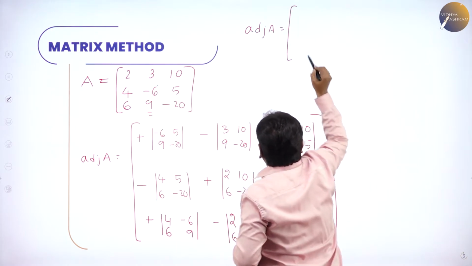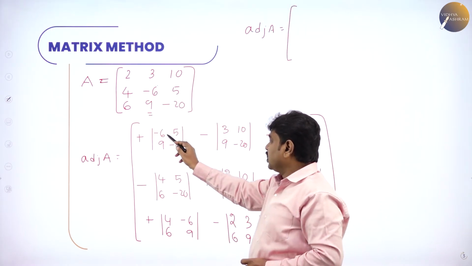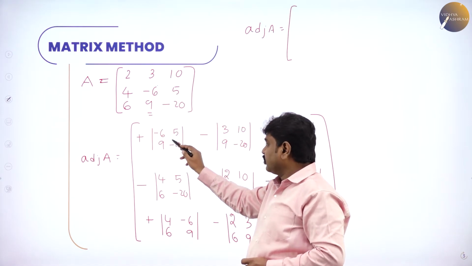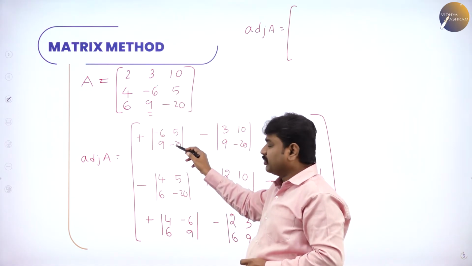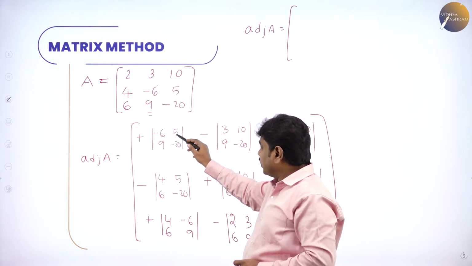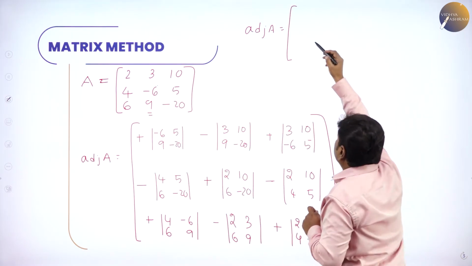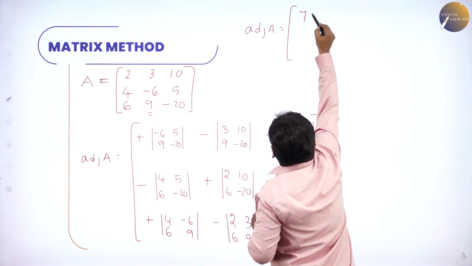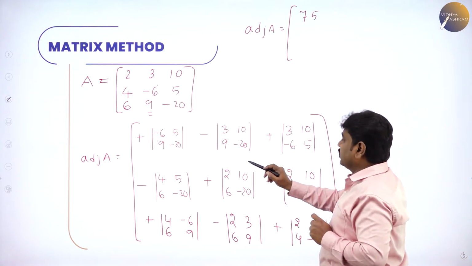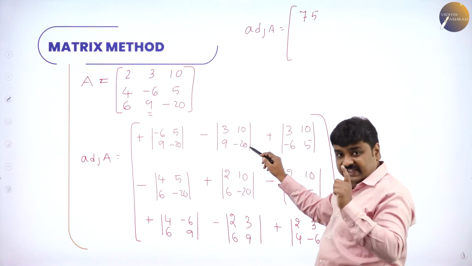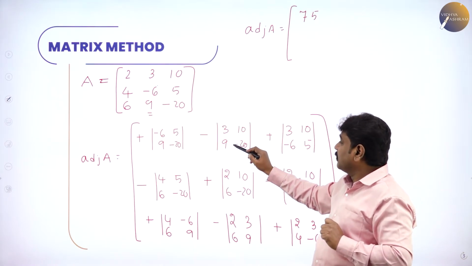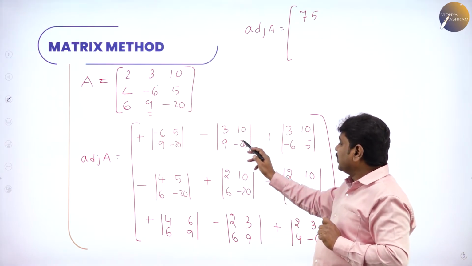Adjoint A is equal to, multiply them. So all of you know 6 into 20 is 120. Minus into minus becomes plus. 120 minus 45 becomes 75. Then 3 into 20 is 60. Minus 60 minus 90, minus 150.